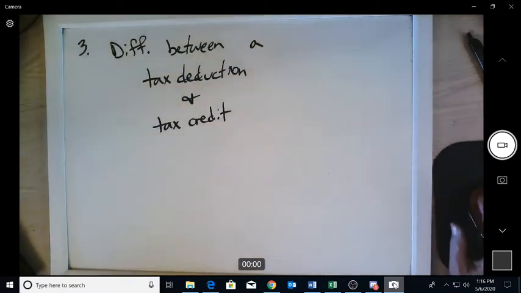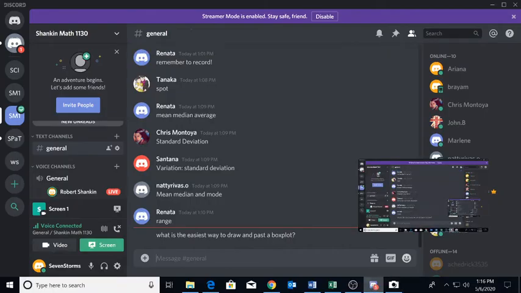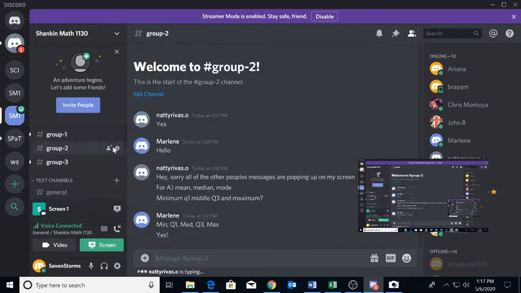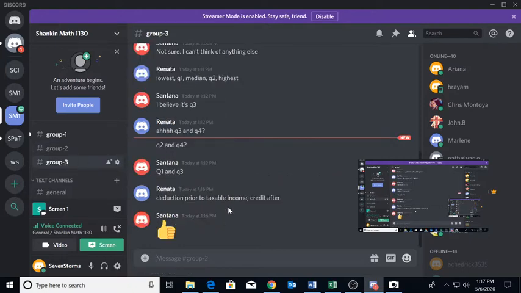All right, let me kind of look in on the discussion groups on this, and start with group 2. Nothing there yet. Deduction prior to taxable income, credit after. All right, we'll get clarity on that.